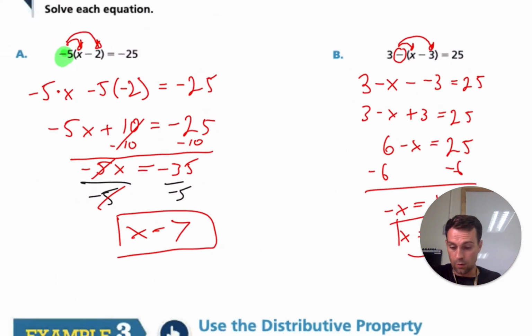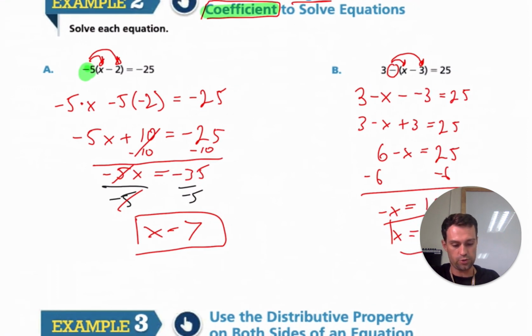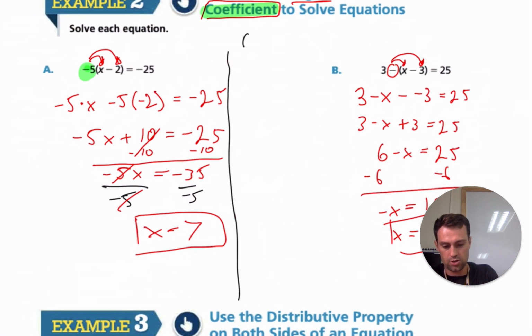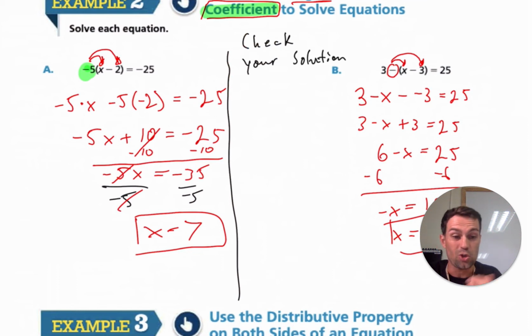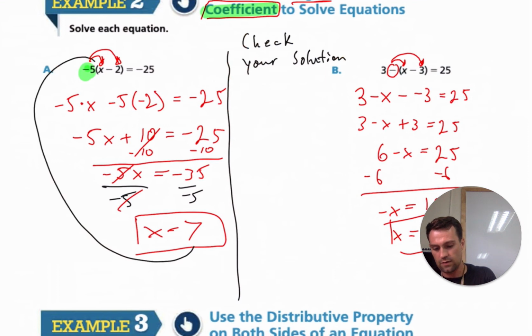I noticed that one way that we can check our solution is you could substitute your value in. Let's go ahead and check our solution. Actually, you don't need me to tell you if the answer is right or wrong. You can always check your solution. We're just substituting 7 back in. Negative 5 times 7 minus 2 equals negative 25.